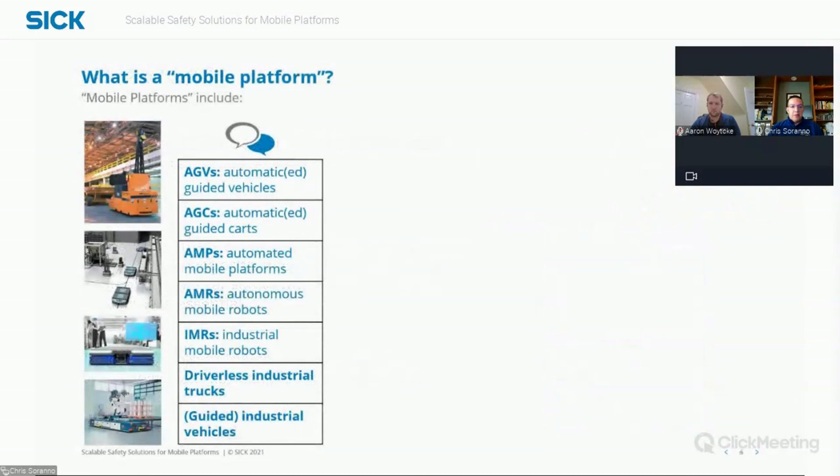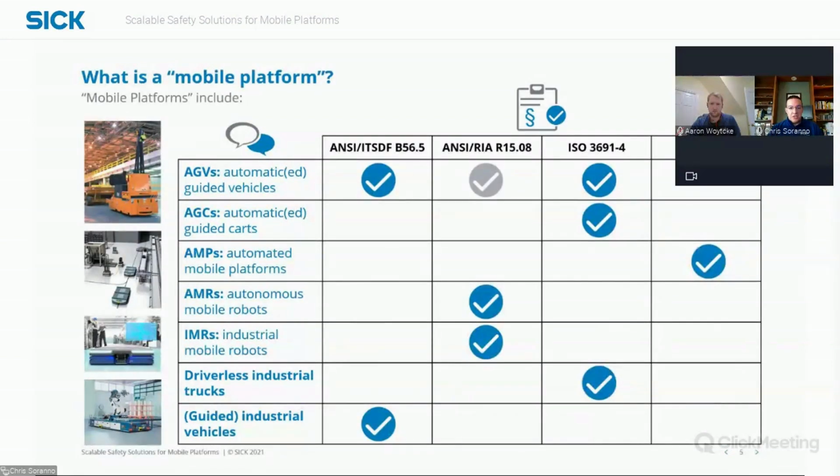So when we talk about a mobile platform, what exactly are we talking about? These things go by many different names. There's probably even more than what's listed here. As we talk about safety, obviously there's going to be standards that apply to these either domestically or internationally. These are just a handful of the ones that we're going to talk about and where some of these terms apply or appear.